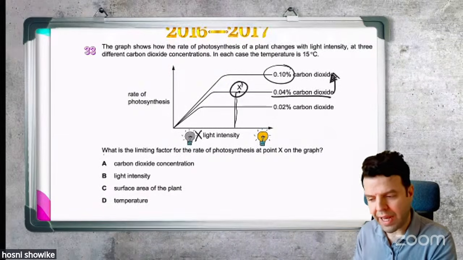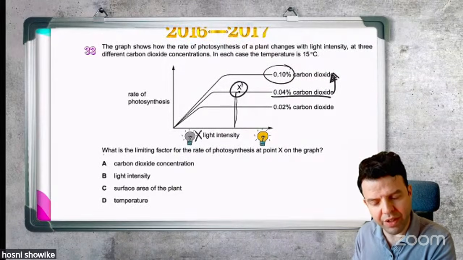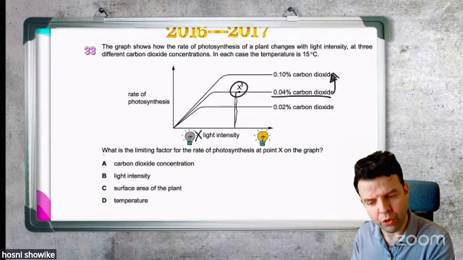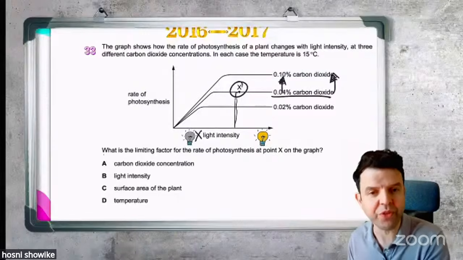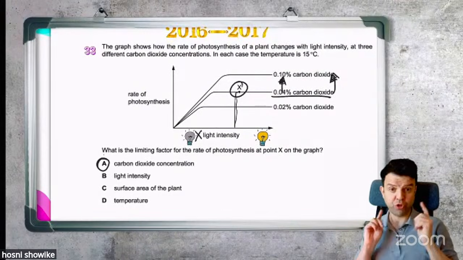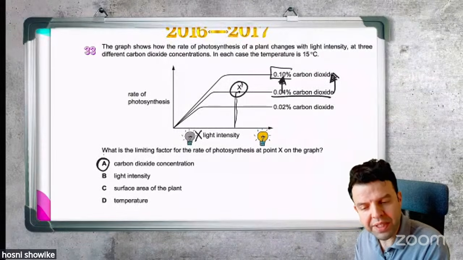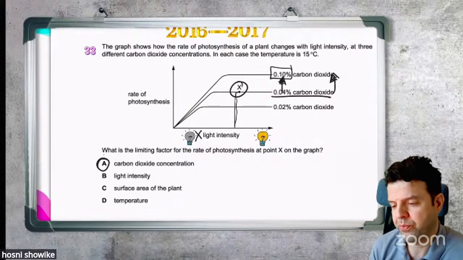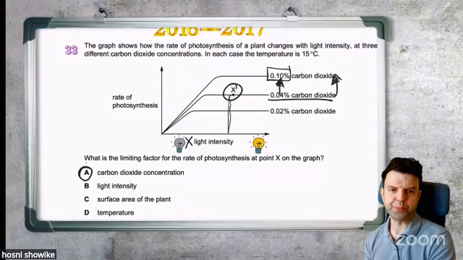This one here has given a better result with a greater amount of CO2. So always use the best one here at the top. Use it as your reference. Okay? For sure, CO2 is limiting because point 1 gave me a better result. Okay?